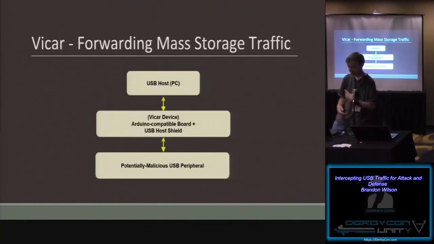And now, instead of no media being inserted, it sees the drive's data and starts mounting drive letters and so on and so forth. And any attempt by the malicious device to claim it's something else will just be ignored because Vicar's the one that's talking to it. Only mass storage data that I've verified, that the device can verify, will get sent back to the PC.